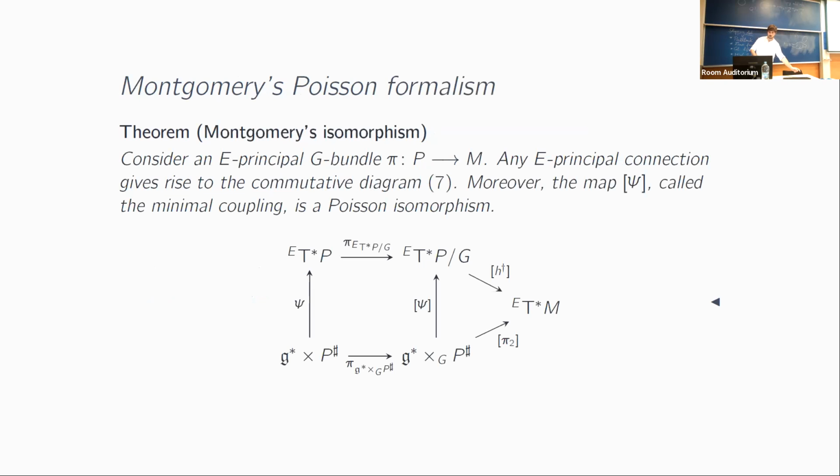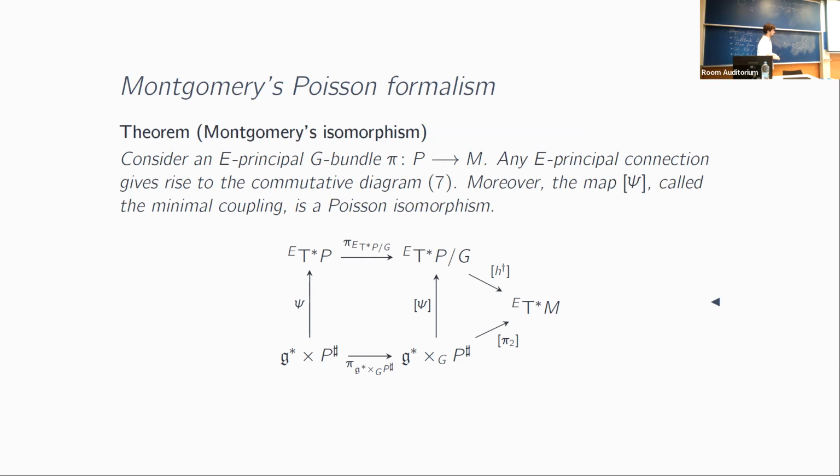And now in the formalism of Poisson manifolds, and now I'm not considering a G Hamiltonian space Q, just a principal bundle, because this is the setting for Yang-Mills theories, actually. Whenever we have a principal connection, once again, we have that H map, and we can construct this commutative diagram, which we are trivializing down there using the splitting of the sequence.